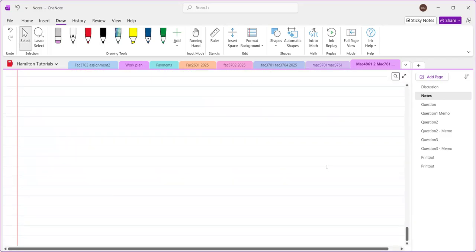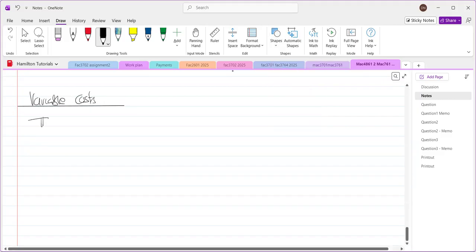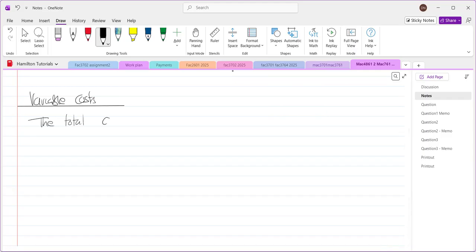The opposite of that is variable costs. Right, so with the variable costs, we are saying the total changes in direct proportion to changes in output.